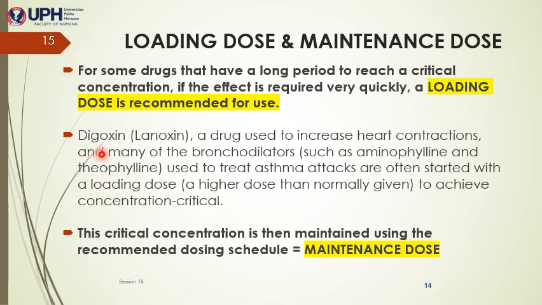For example, digoxin or lanoxin, a drug used to increase heart contractions, and many of the bronchodilators, such as aminophylline and theophylline, used to treat asthma attacks, are often started with a loading dose. That is a higher dose than normally given to achieve the critical concentration. The critical concentration is then maintained using the recommended dosing schedule, what we call the maintenance dose.